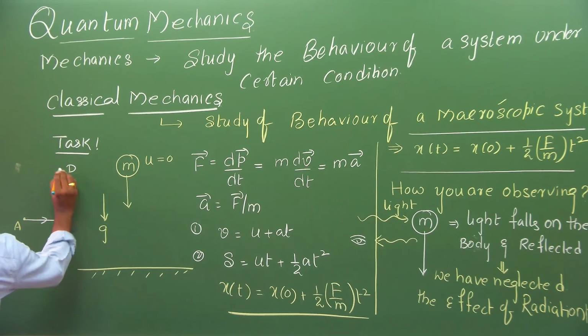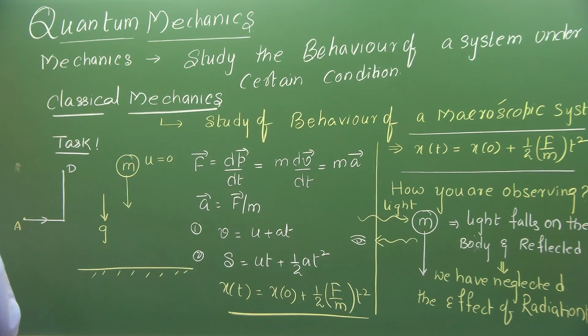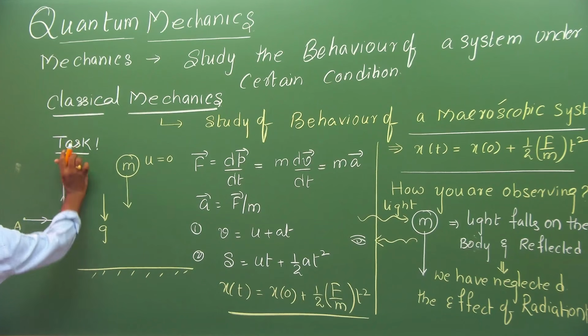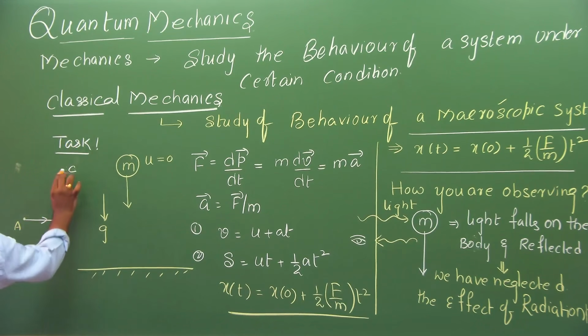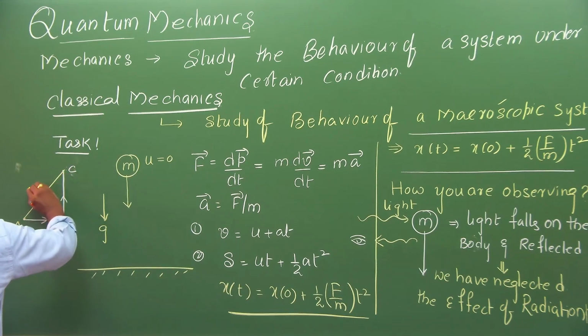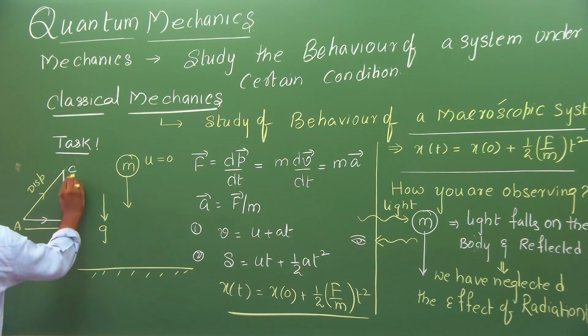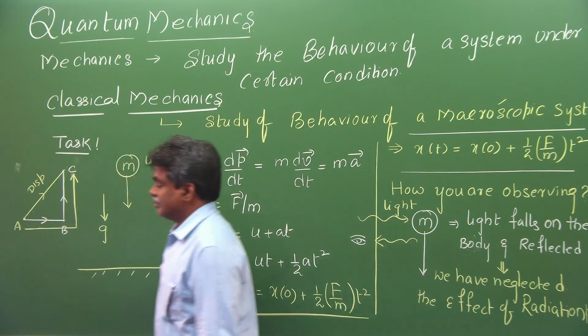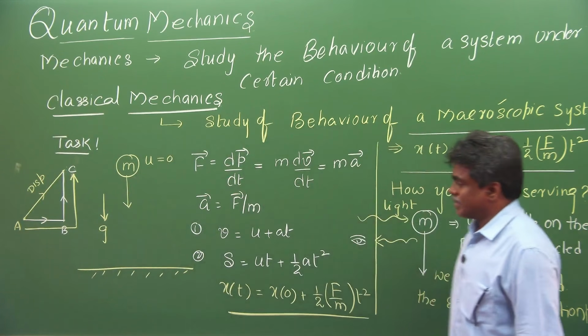This is your destination and this is your starting point. Let us say this is B and this is C. AB plus BC is called the distance, and the shortest distance is called the displacement. This is the displacement and this is the distance. Shortest distance is called displacement. That's it.